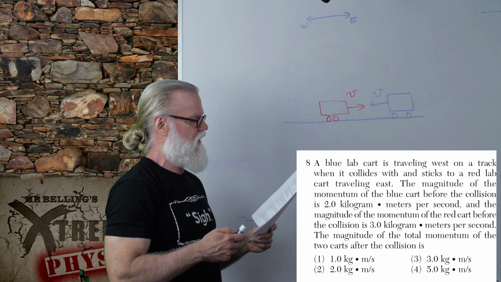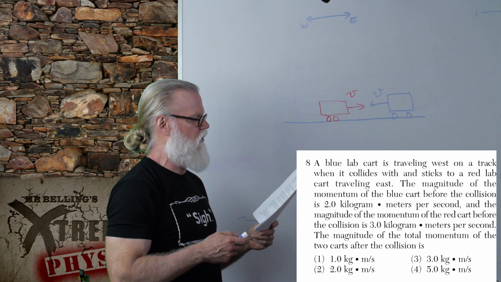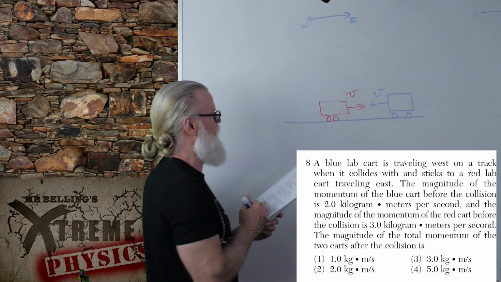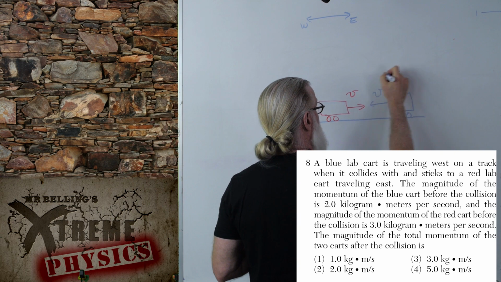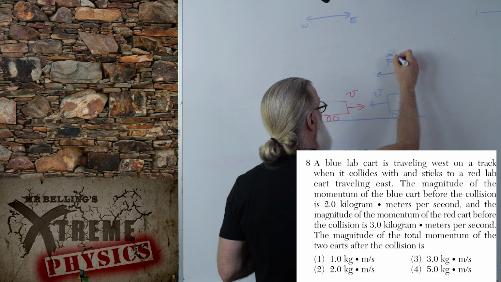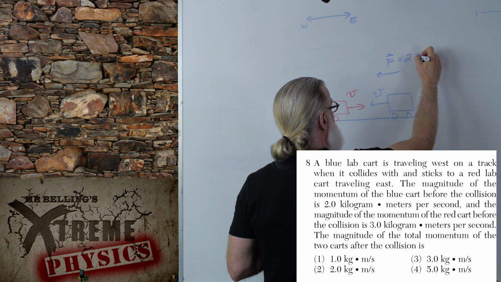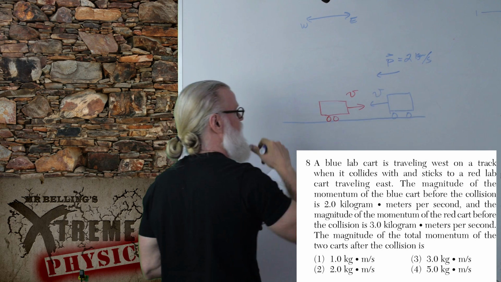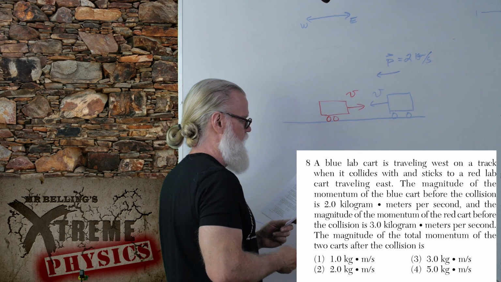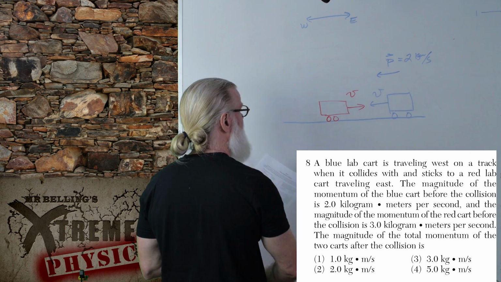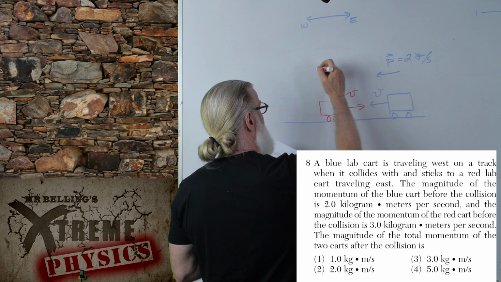Oh, how convenient. The magnitude of the momentum of the blue cart before the collision is 2 kilogram meters per second. All right, so this has a momentum this way equals 2 kilogram meters per second that way. And the magnitude of the red cart is 3.